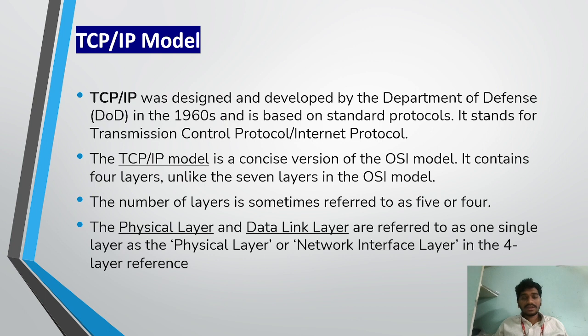When we consider the OSI model, there are seven layers, and when it comes to the TCP/IP model, there are four layers. The number of layers is sometimes referred to as five or four. So we can consider the number of layers in the TCP/IP model as four, or sometimes five.